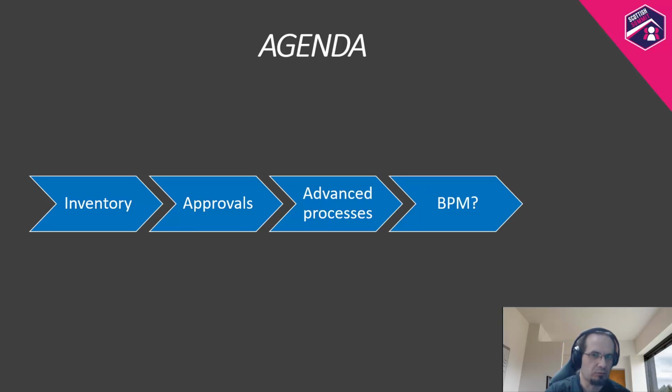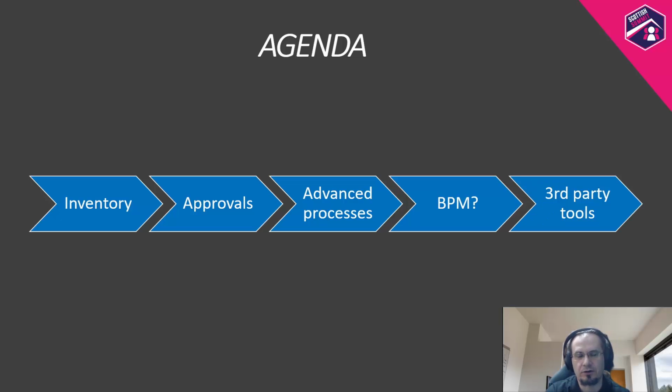Then BPM, business process management: is it possible to create a very complex and very advanced business process in Microsoft Teams with a backend from Microsoft 365? And the last part, third-party tools: what you can get from third-party tools from outside of Microsoft 365, how to connect them with Teams, and how to work with those kinds of tools directly from Microsoft Teams.